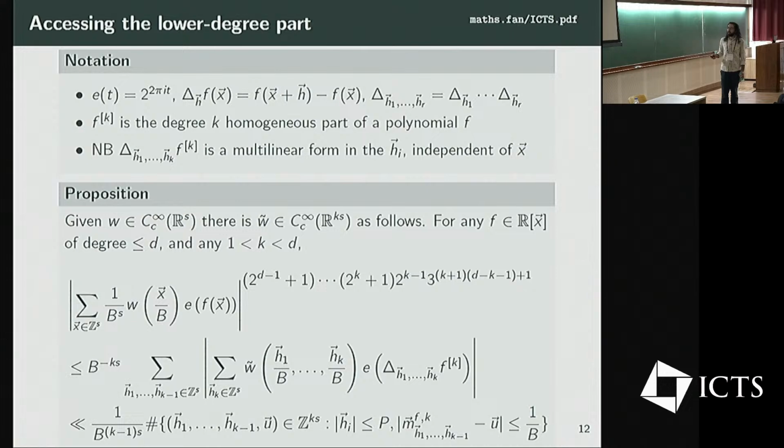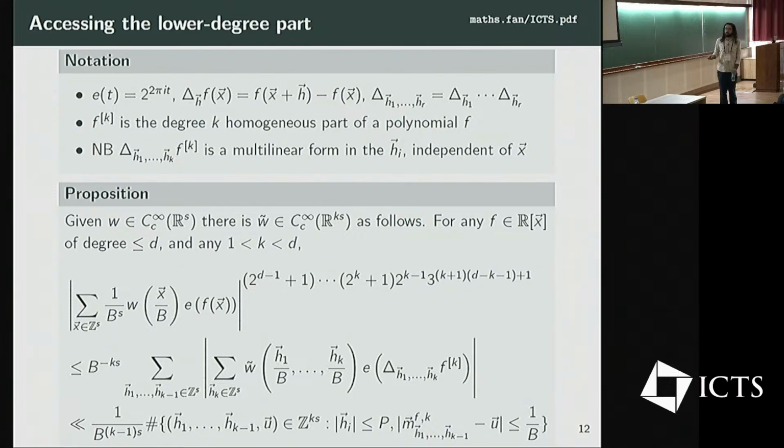And what this is here, okay, there are some absolute values, but never mind those, is an exponential sum over this multilinear form. The absolute values are not so important. So this is an exponential sum over this homogeneous multilinear form that only depends on the degree d part.